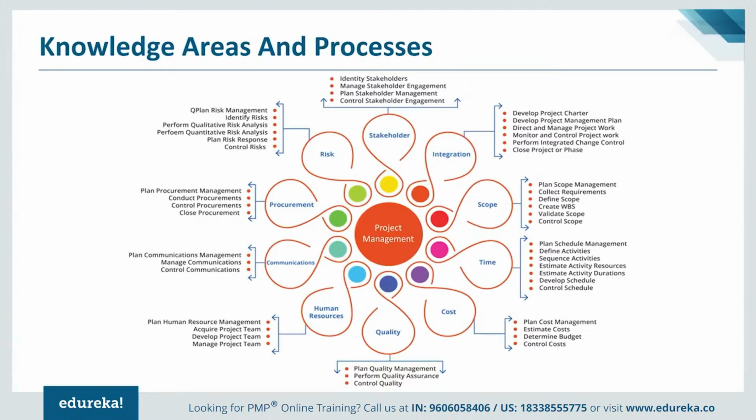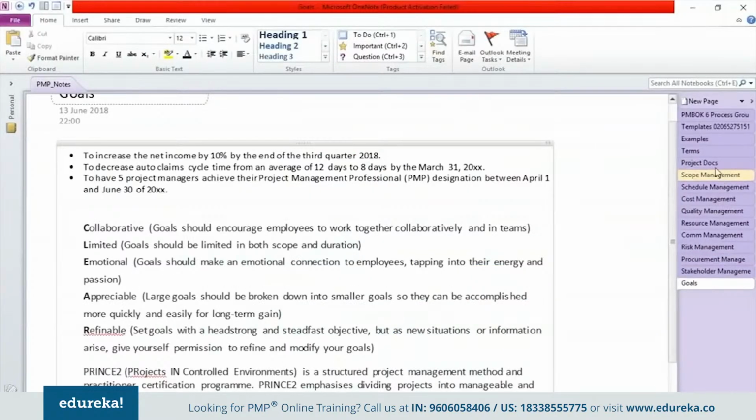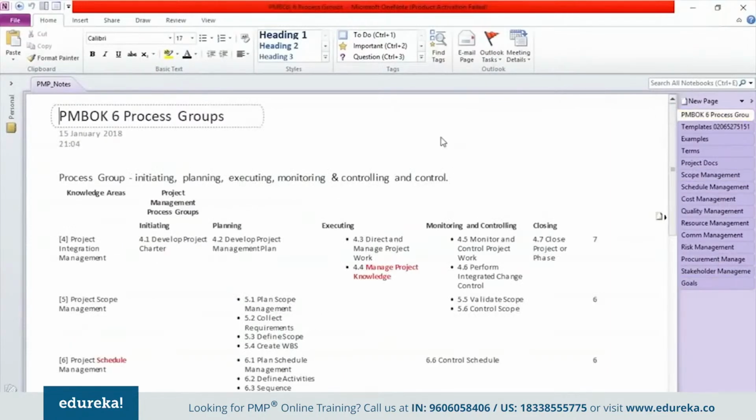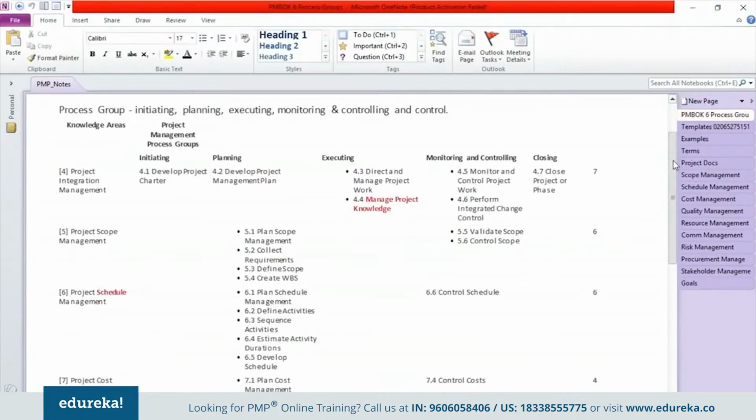And of course, there are process groups: initiating, planning, executing, monitoring and controlling, and closing. All these knowledge areas and processes are part of these process groups. Maybe I would like to very quickly show you this.